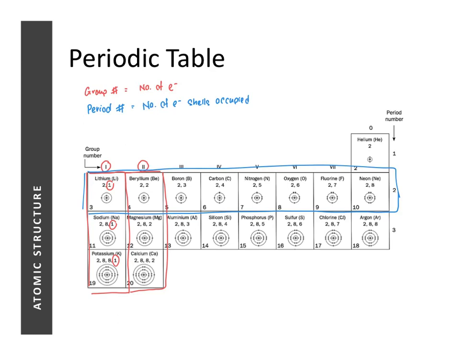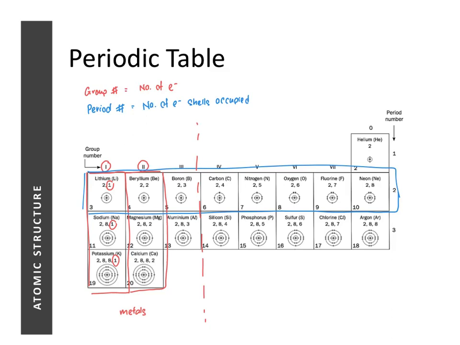Now one last thing that we learn about the periodic table is this, that as we move across the periodic table from left to right, the elements change from metals to non-metals. In the context of O levels, a very convenient way of remembering is this: elements that are found in group 1, 2, 3 are usually metals.